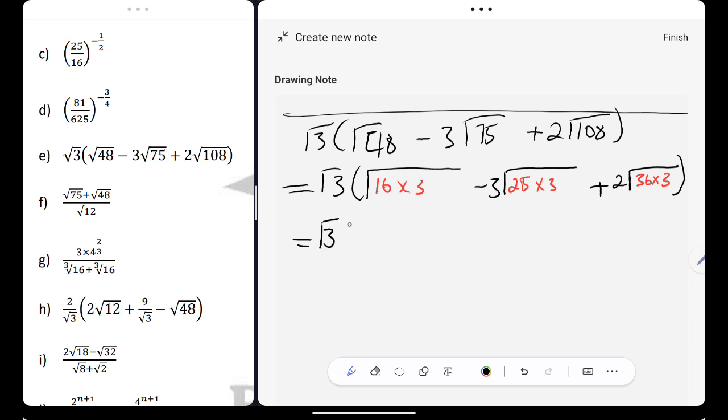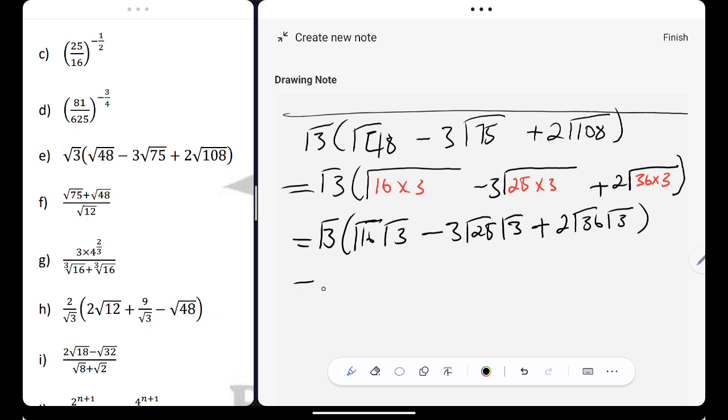Alright, together. Here I'll have a square root of 3, and then here I'll have square root of 16 multiplied by the square root of 3 minus 3 times square root of 25 multiplied by the square root of 3 plus 2 times square root of 36 multiplied by the square root of 3. I still have a square root of 3 outside here.